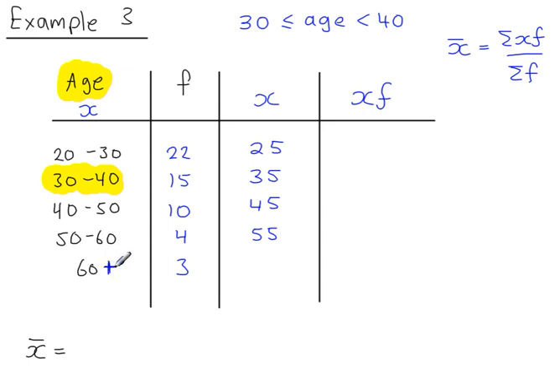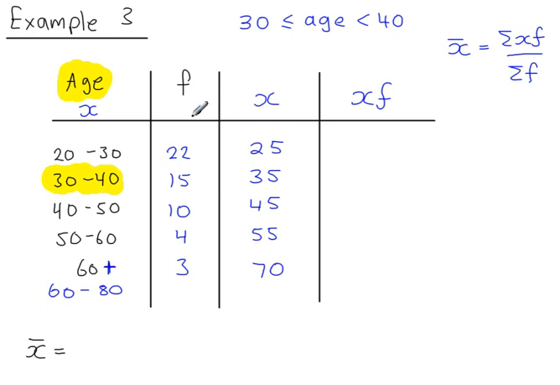Now 60 plus means 60 and over. So looking at the previous class intervals, each one represents 10 years. So to use double that would be reasonable for the last one. So we could have 60 to 80. And the midpoint there would be 70.